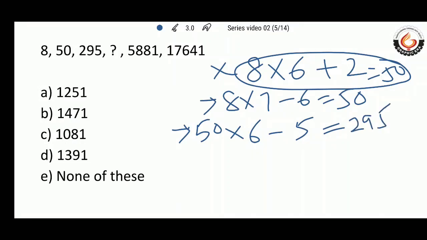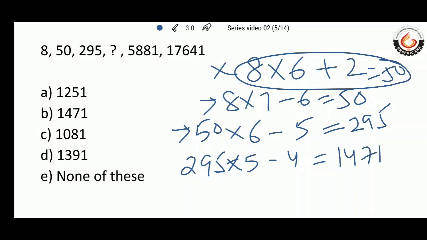So accordingly it should be 295 into 5 and minus 4. 295 into 5 is approximately 1475, minus 4, it should be 1471. So I guess option B is correct.